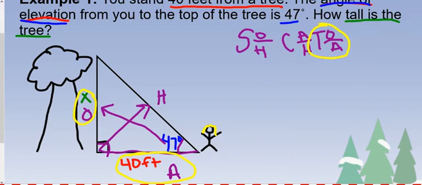Right, now we're going to write our equation. Tangent of our angle is equal to O over A. O was X. A was 40. And I'm actually going to go back here and put the colors in to kind of help you out so you know where I got those things from.